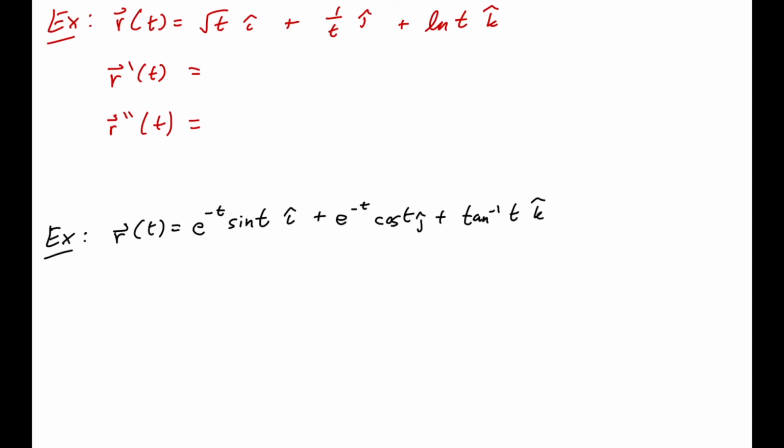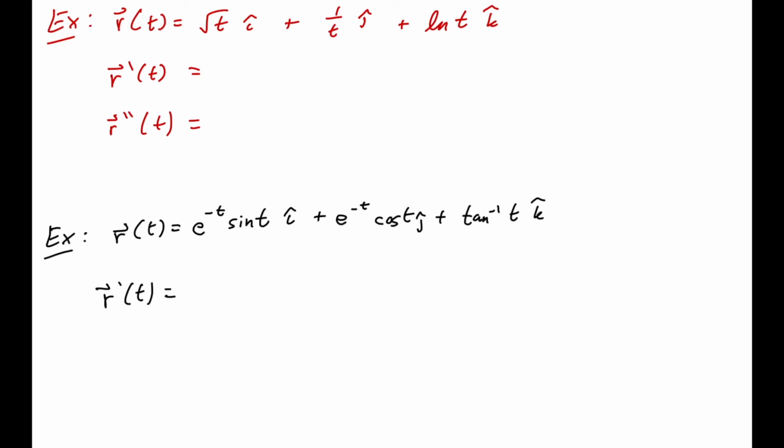Almost forgot j. And here I just want you to figure out what r prime should be. So go ahead, pause the video now, and try out all 3 problems. Feel free to unpause to check your work when you're ready. I'm going to start writing. 3, 2, 1.